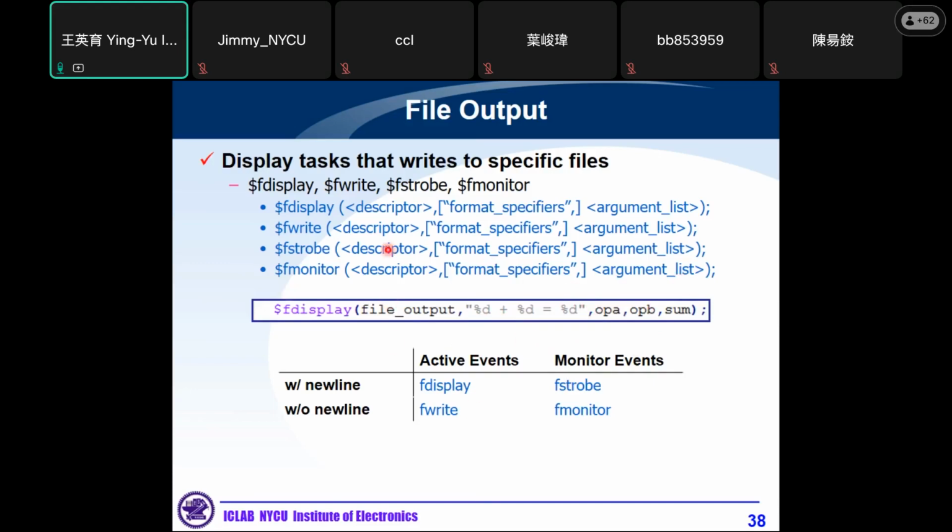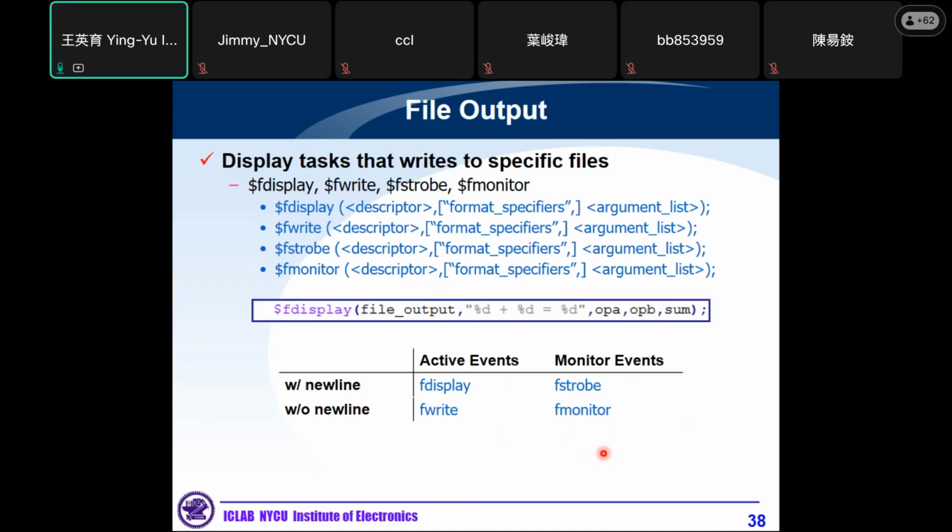And the difference between these commands lies in whether they add a new line and in their execution order during simulation. New line handling is simple. $fdisplay and $fstrobe add a new line, while $fwrite and $fmonitor do not. The execution order of active events and monitor events will be introduced in a later slide.